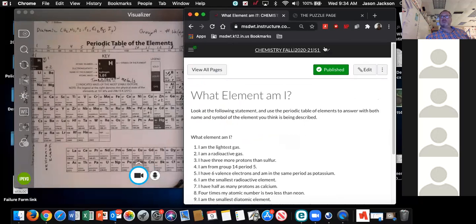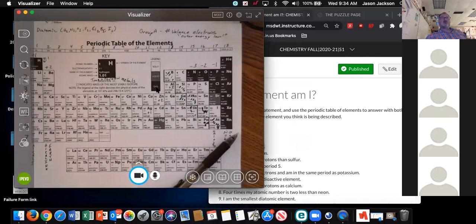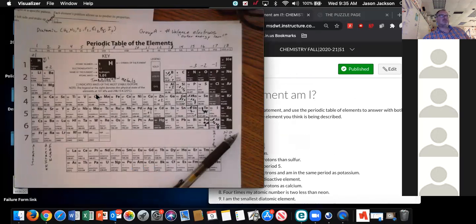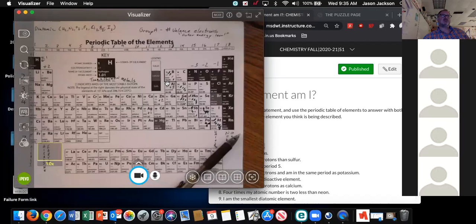So if we take a look, what element am I? I am the lightest gas. So remember, the gases are the dark ones, liquids are the less dark, and then the solids are the clear ones, or well, you can see through them, the white ones if you want. Take a look at your gases and tell me which one is the lightest gas.